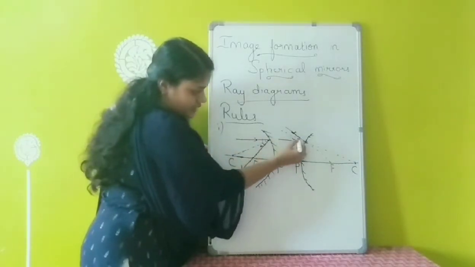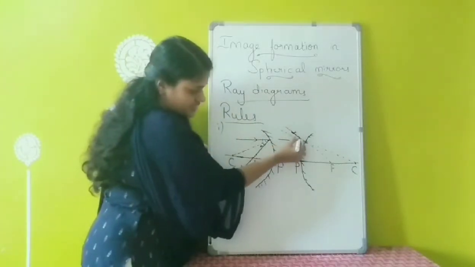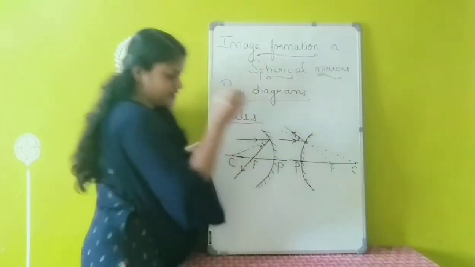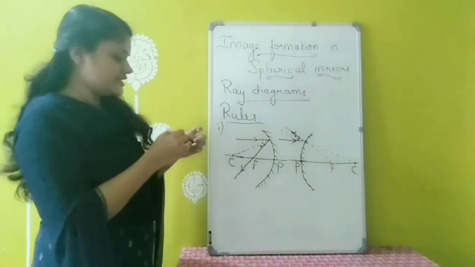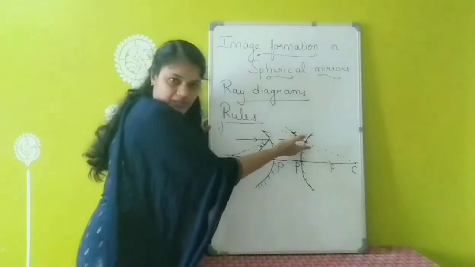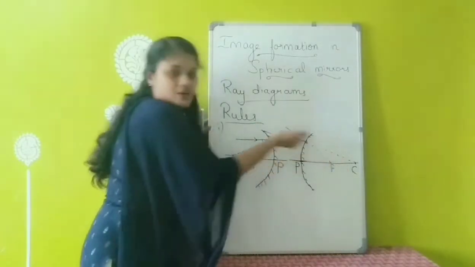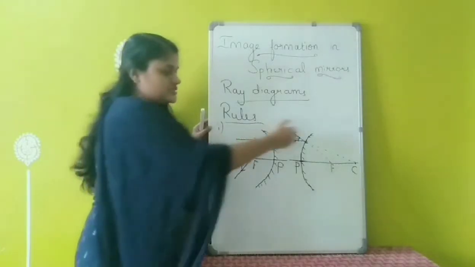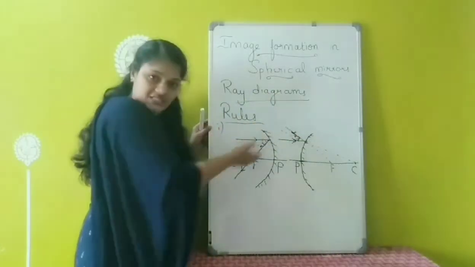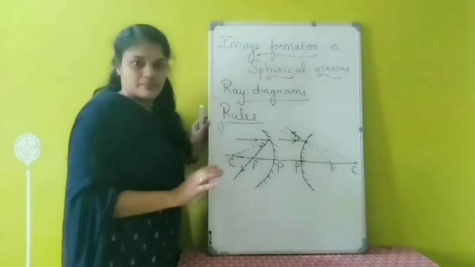So what about this angle now? Angle of incidence. And this is the reflected ray. What is this angle now? Angle of reflection. Clear? So in the case of a convex mirror, a light ray passing parallel to the principal axis, after reflection appears to diverge from the principal focus. So this is the first rule in case of spherical mirrors.